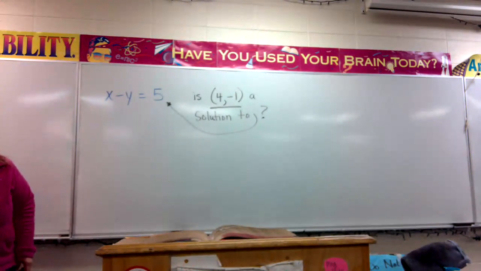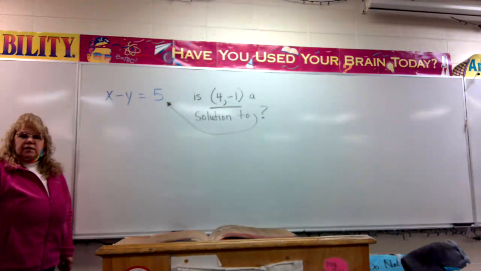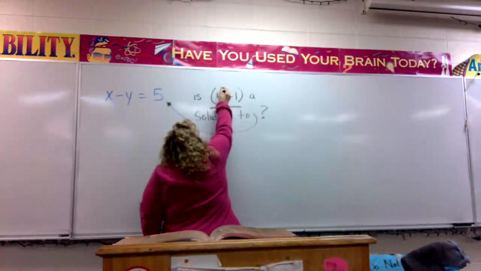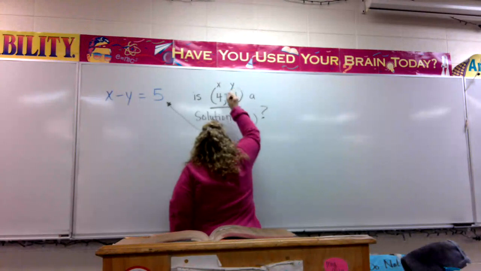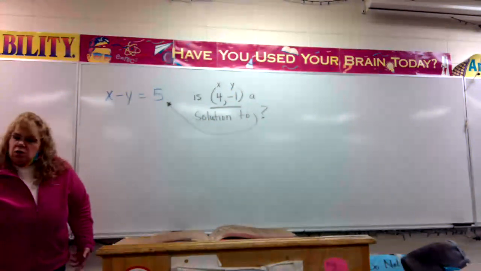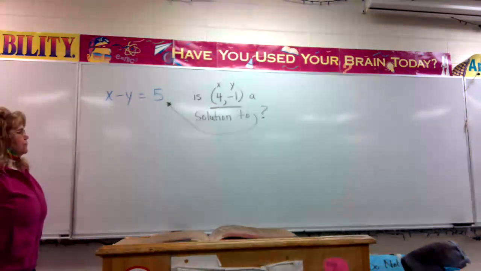Because those two values are always in a certain order. The first one is always the x value, and the second one is always the y value. Always. X first, and then the y.